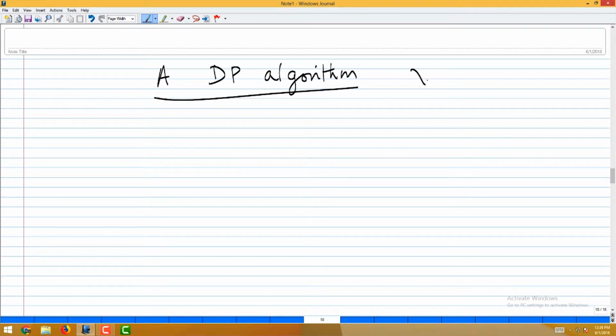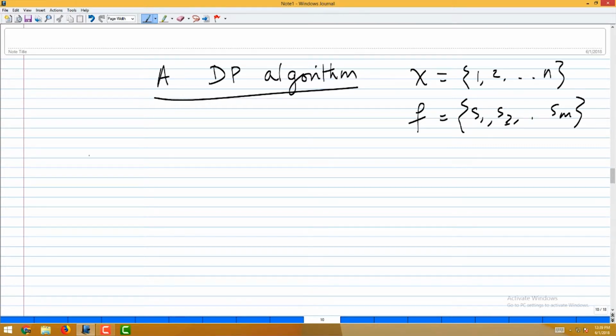So, I have my universe and my family contains S1, S2, up to Sm. We will try and detect some optimum substructure property. Actually, I think we probably did something similar for knapsack or some such thing.